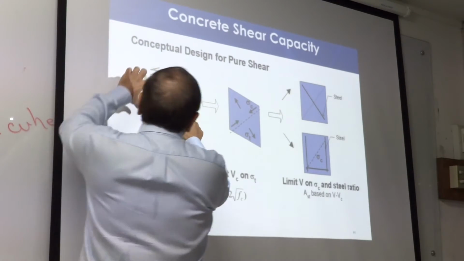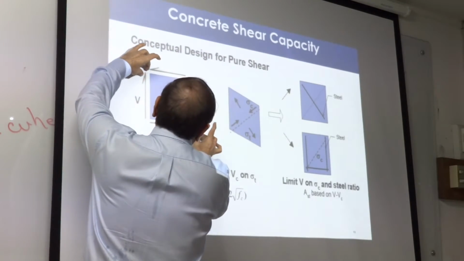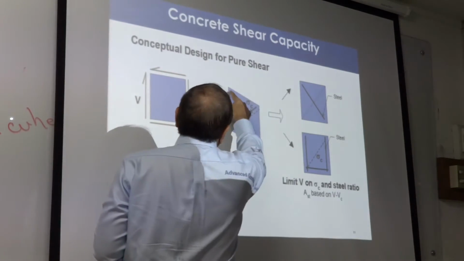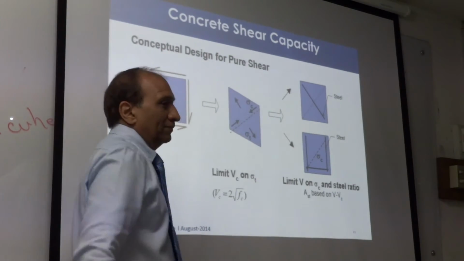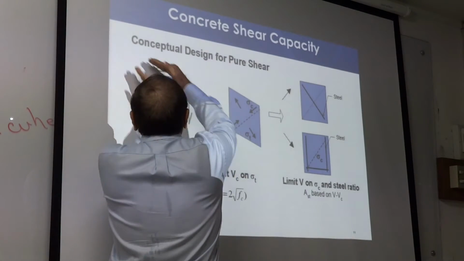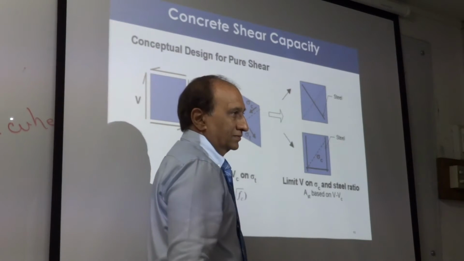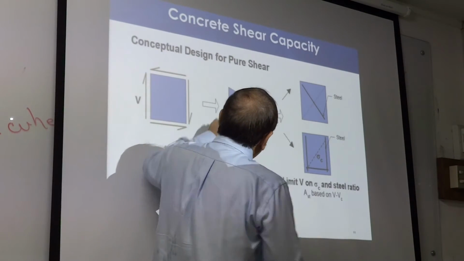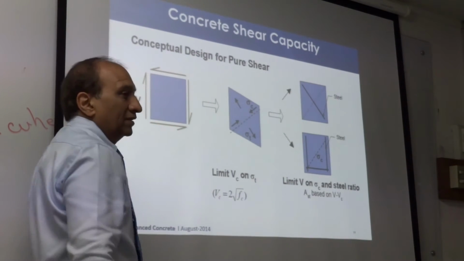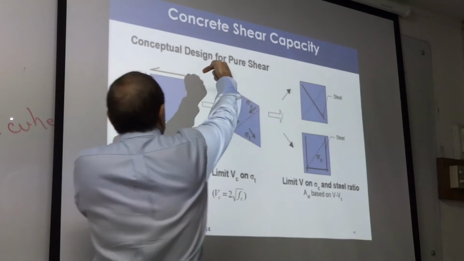Correct? So you can imagine that these two stresses and these two stresses are actually going like this. They are going to make this rectangle into this trapezoidal shape. These two will push this way, those two will pull that way. So the element will become like this. When the element becomes like this, it will try to break at this location. Tension will come in this direction and compression will come in this direction.